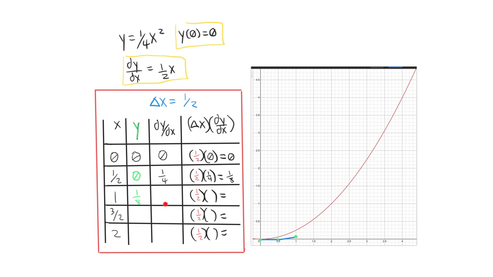Okay, so now we have this column, dy over dx. We're looking at 1/2 x. Well, that's clearly going to be 1/2. So we're going to have 1/2 right there. And of course, that gives us 1/4. So that's going to land us, let's see, when I draw that one, it's going to land us around here, right around there.